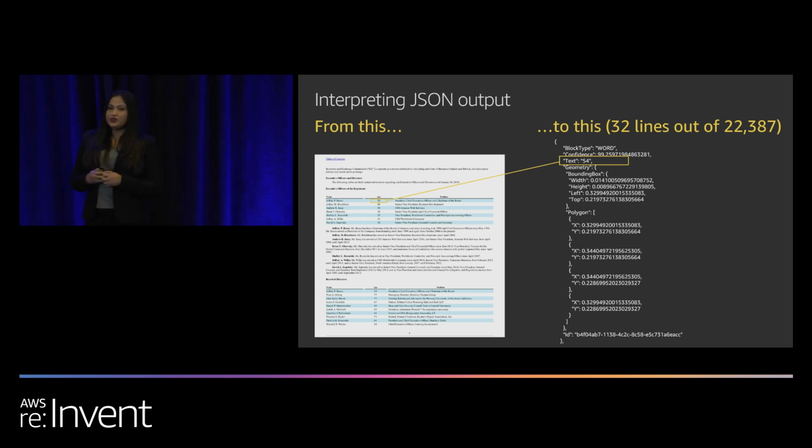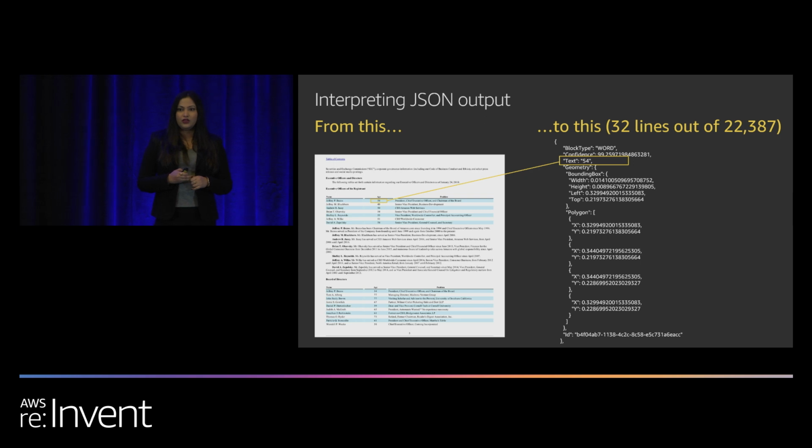The output from Textract, which is in the JSON format, is extensive and covers a lot of information. As an example, the single page that you see here on the left has more than 22,000 lines in its JSON output. Now, this amount of information is very powerful for customers, so long as you know how to read it and make sense of it.